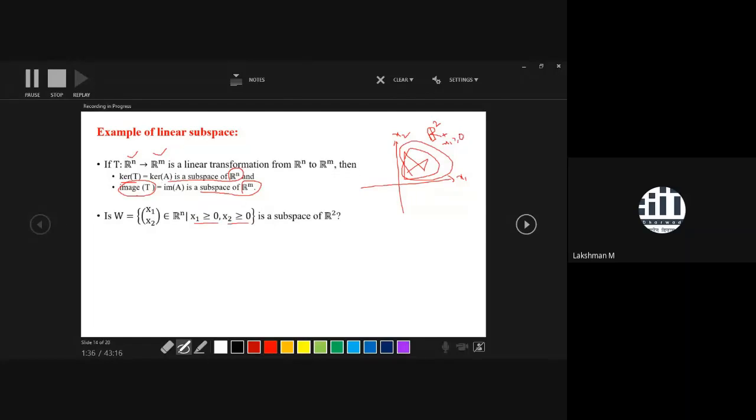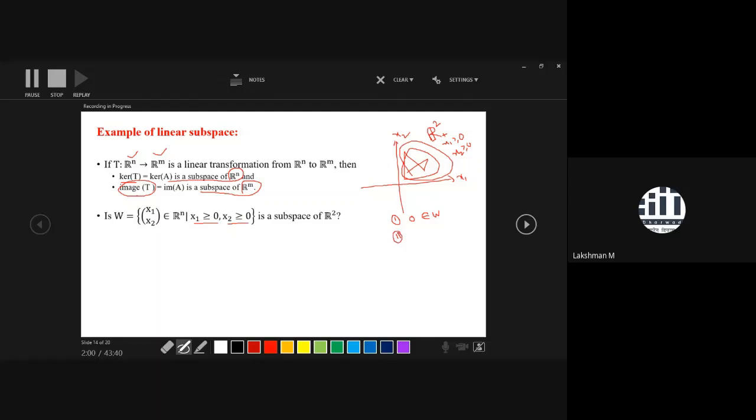So is it a subspace of R2? No. Why? It contains 0, so the first property is satisfied. We can observe that 0 belongs to the first quadrant W, there is no issue. But is it closed with respect to addition?